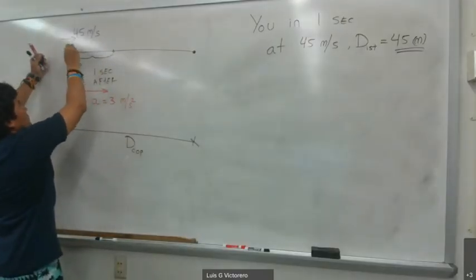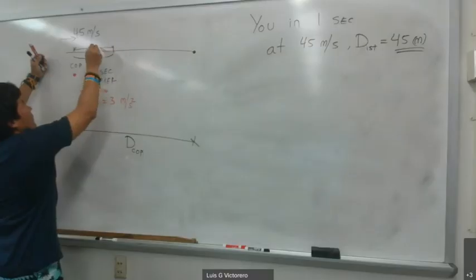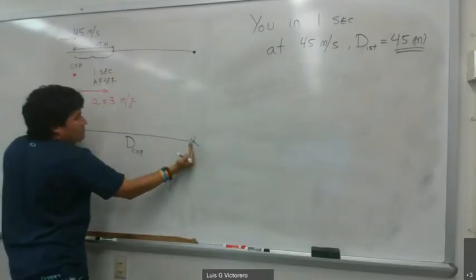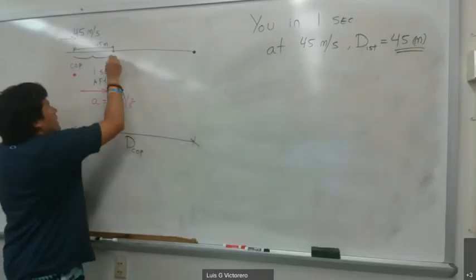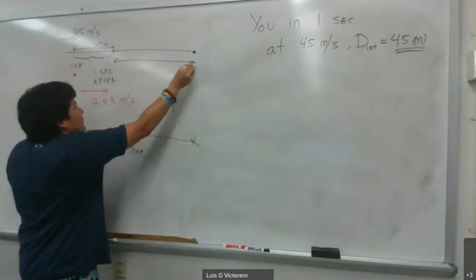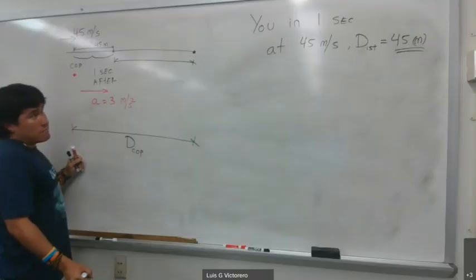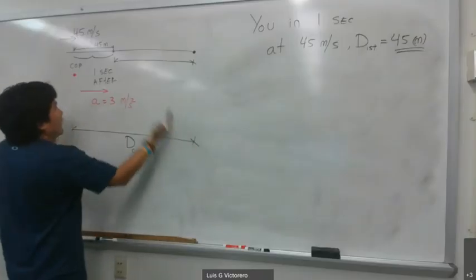So if all this is D, how much is this? This is D, and this is 45.